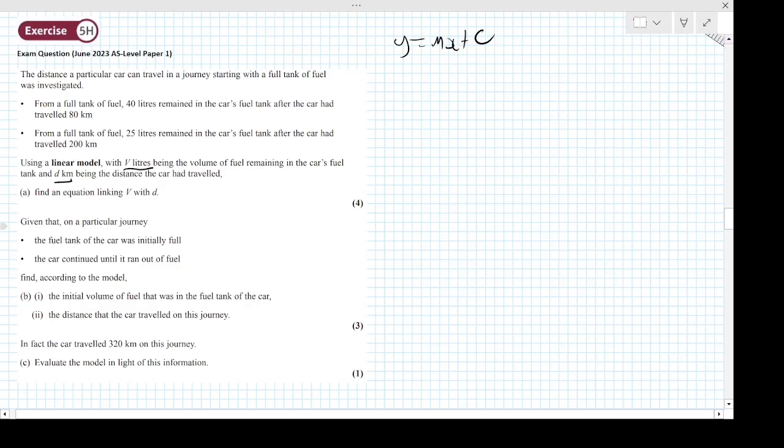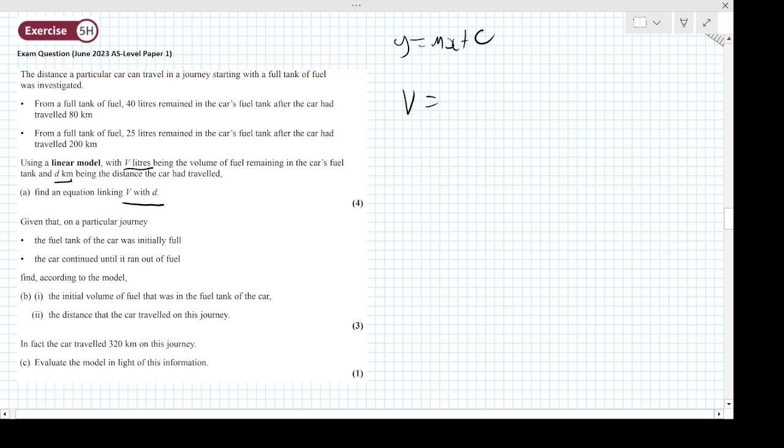Okay, which way around is it going to be? Well, V actually depends on the distance D, isn't it? And it kind of gives you a hint here as well, the way they phrase the question. It wants V in terms of D. So that means V is going to be where Y is.